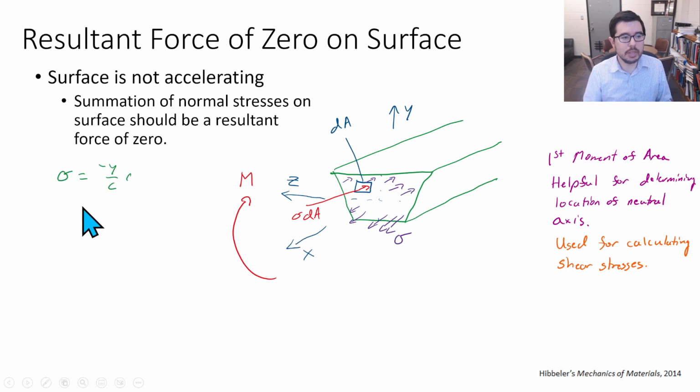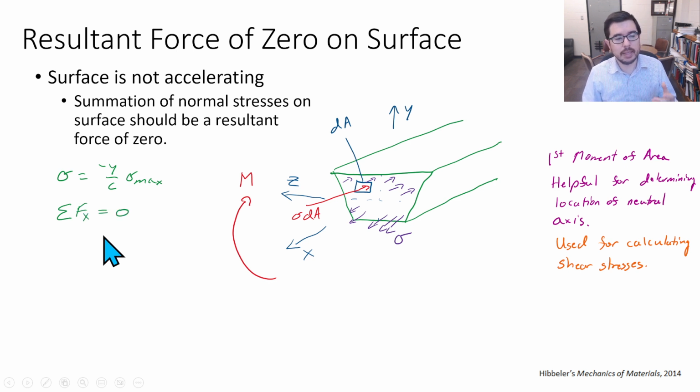Let's write the expression that we just derived, where sigma is equal to minus y over c times sigma max, signifying that we have a gradation in the stress. But we would need to know the maximum stress in order for this to be useful.